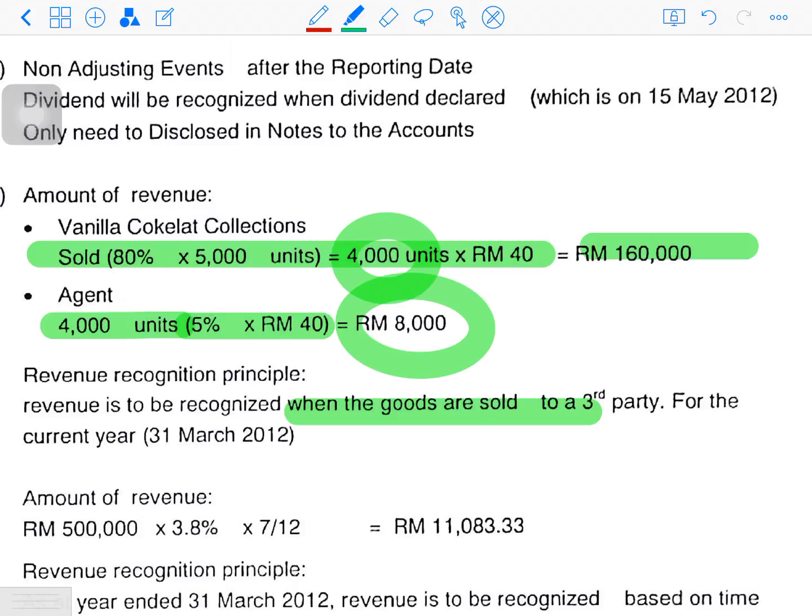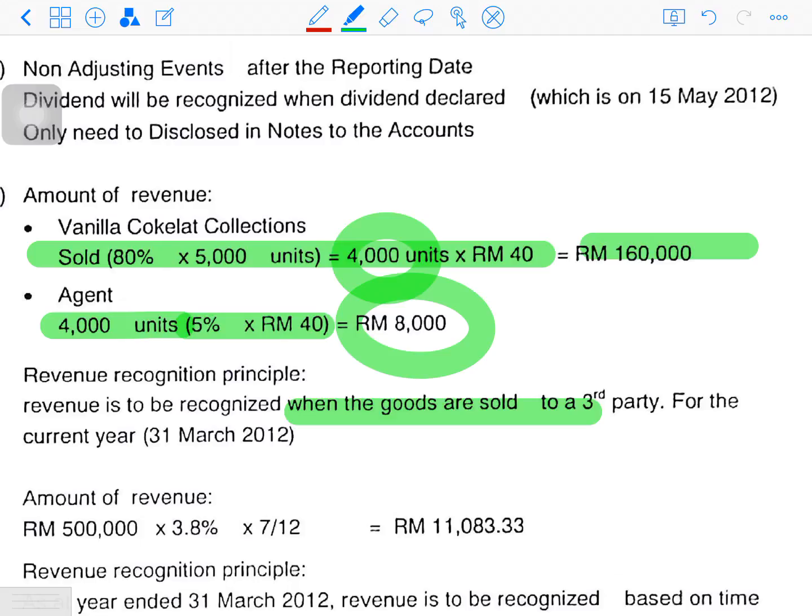Commission agent ni. Revenue untuk vanilla chocolate is 160. Agent ni pula dia recognize revenue dia based on this amount lah.